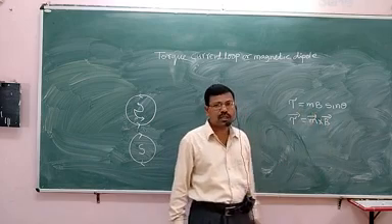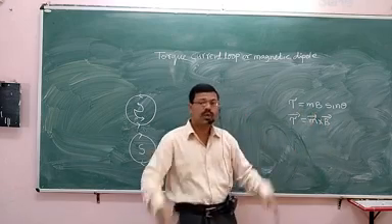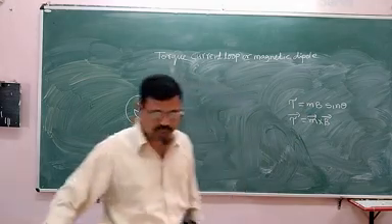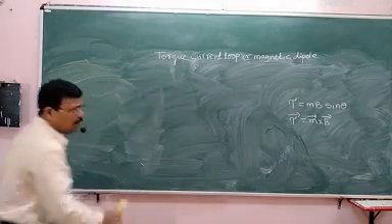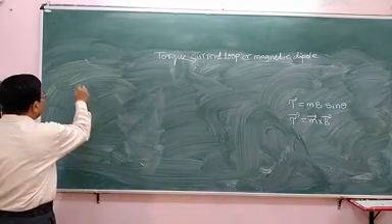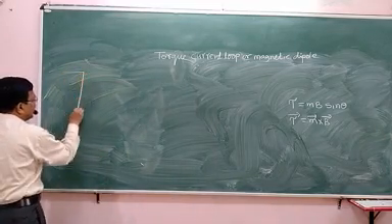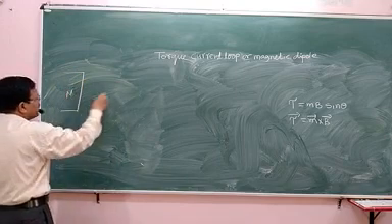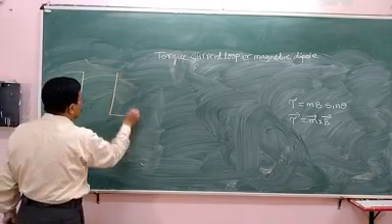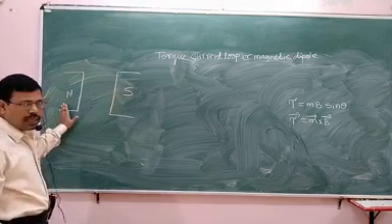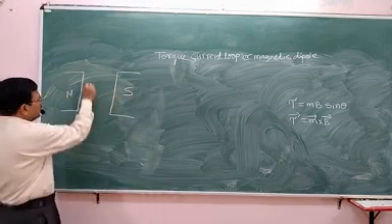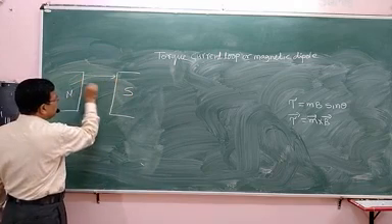Let us derive this equation. How to derive this relation? We have here a north pole of the magnet and a south pole of the magnet. Between the north pole and the south pole, there is a uniform magnetic field.